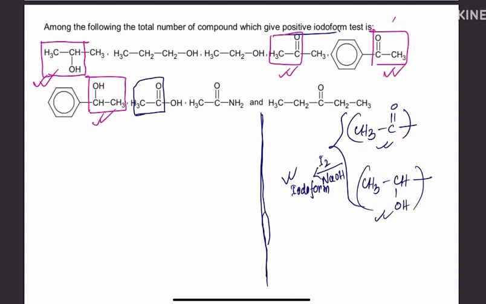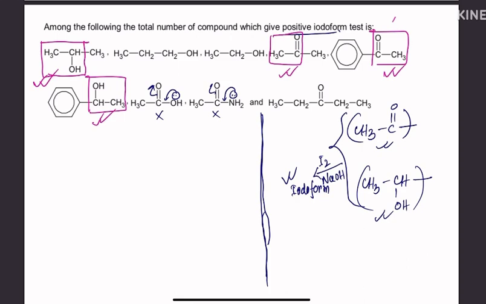No, it is not possible. This CH3CO group is not a pure CH3CO group; it always participates in conjugation, so it will not give the resonance, and it will not give the iodoform. Similarly, this also will not give iodoform test with OH minus.